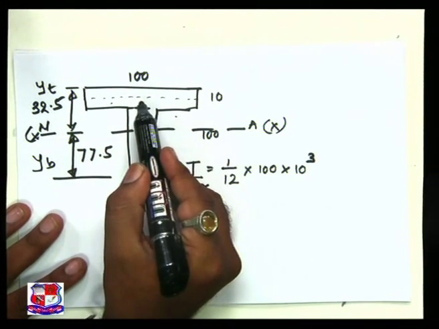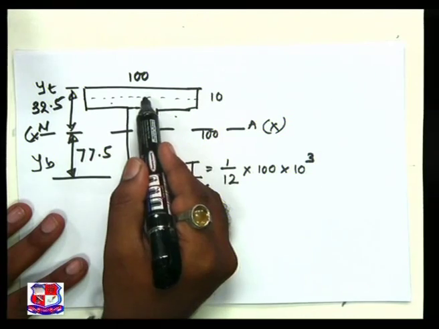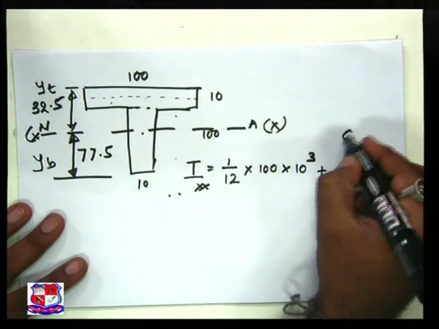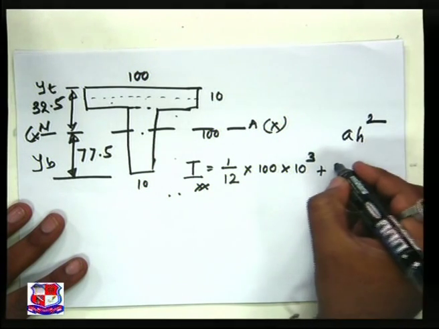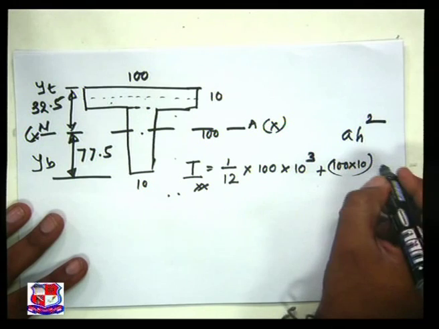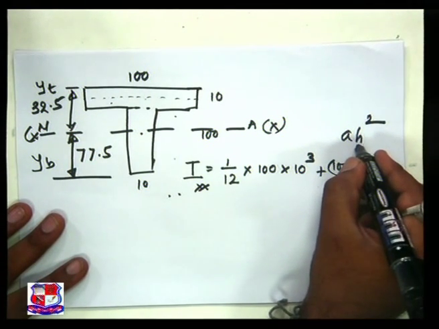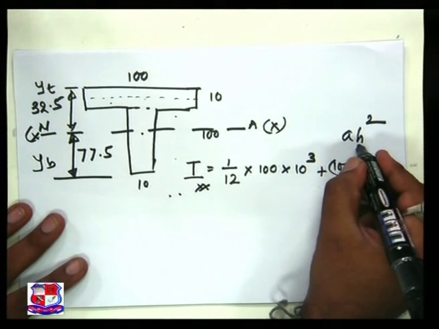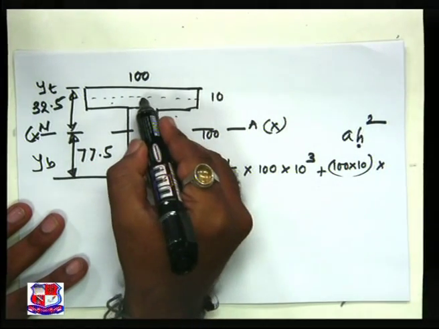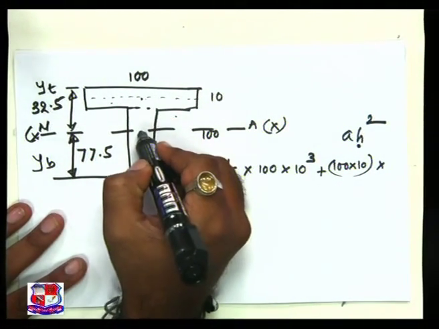Now I have to convert this to the neutral axis by adding this term A h square. A is the area, that is 100 into 10, multiplied by h. h is the distance of the CG of the first area to the neutral axis.